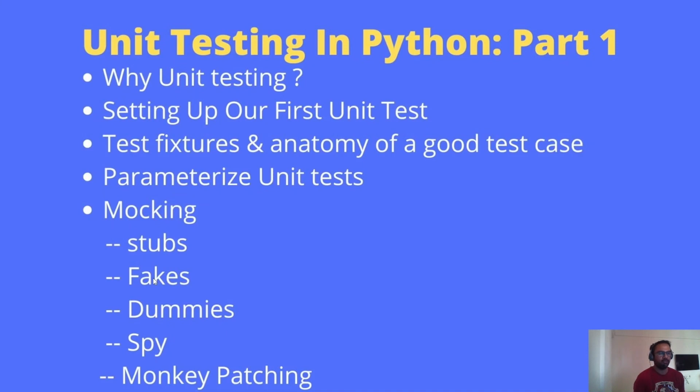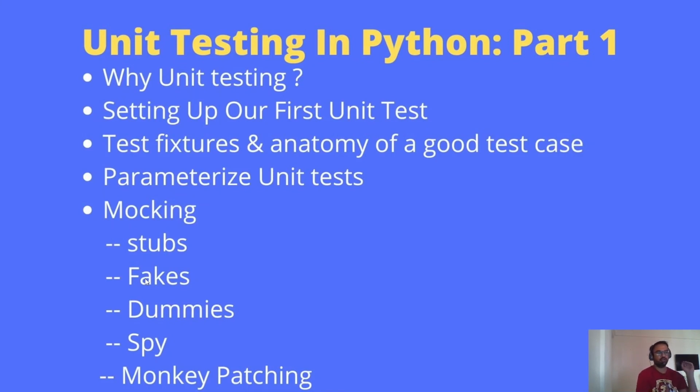We don't have examples for these, but a fake is used where there are high performance or high memory objects involved which can be replaced. For example, if you have file operations, or database operations, or you're connecting to external web servers, you can replace those with lightweight servers, or if there's a file, you can use the StringIO method, which simulates the behavior of the file.